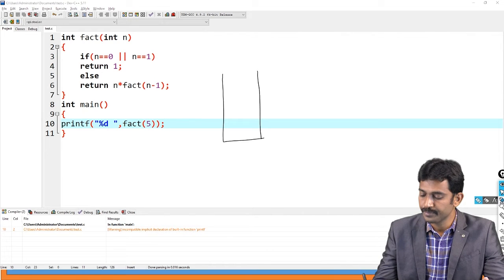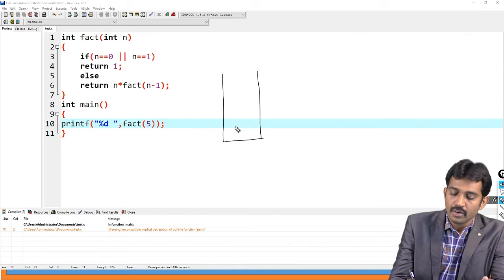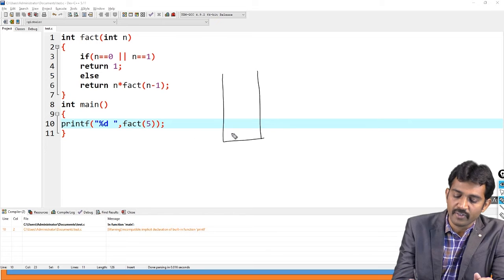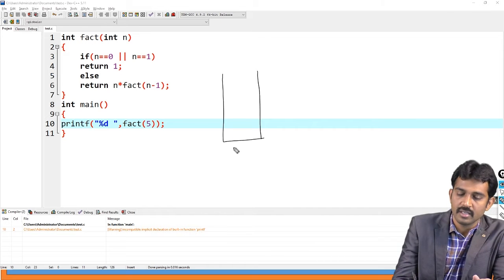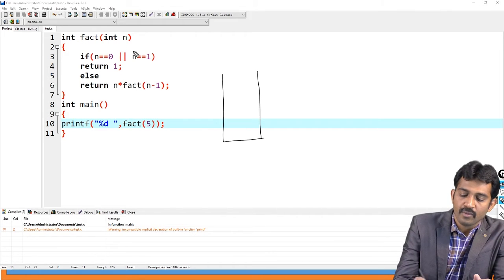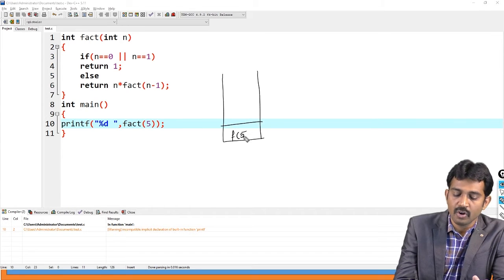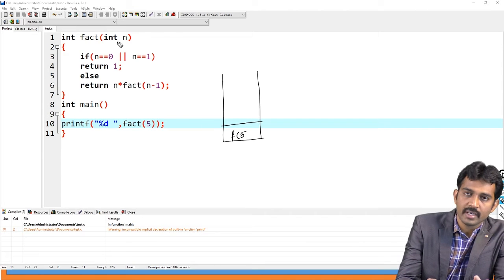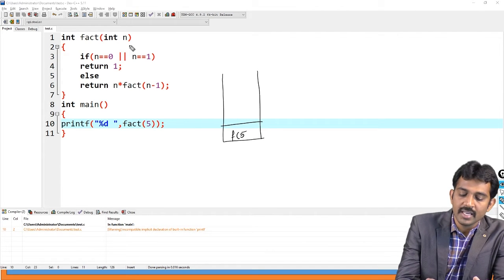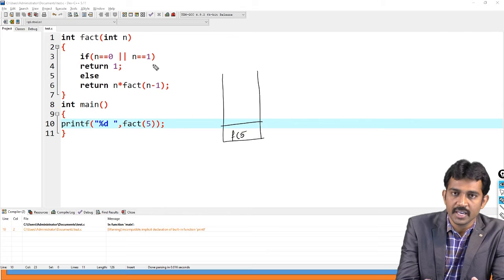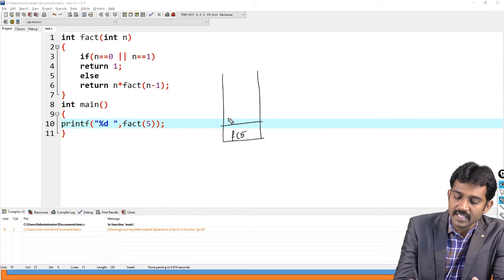If you consider the factorial of 5, when you call fact of 5, it comes to here. The condition n equal to 0 or n equal to 1 is false, so it comes to n, that is 5 into f of 4.